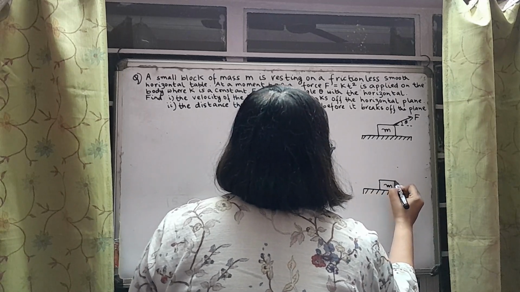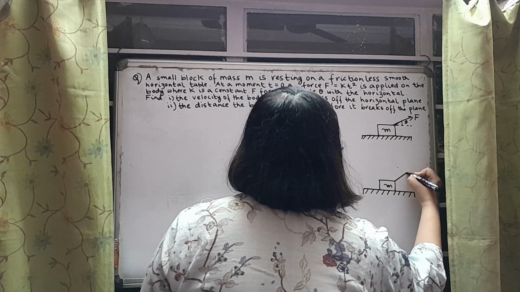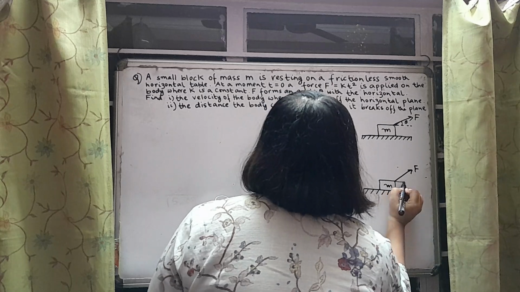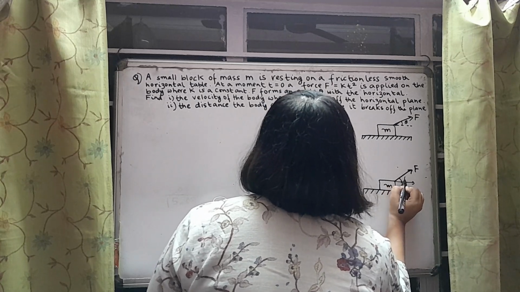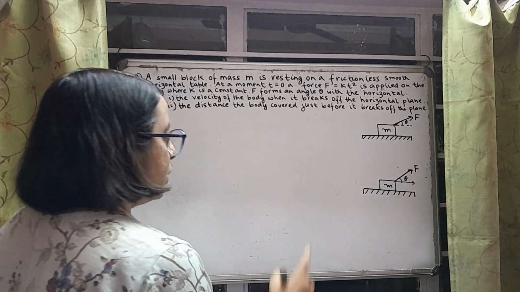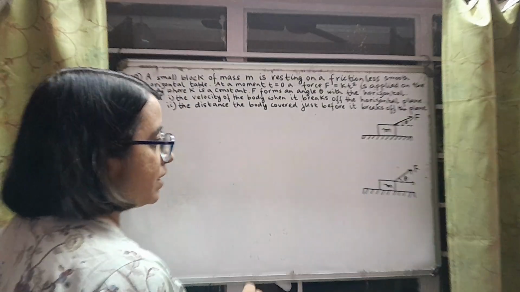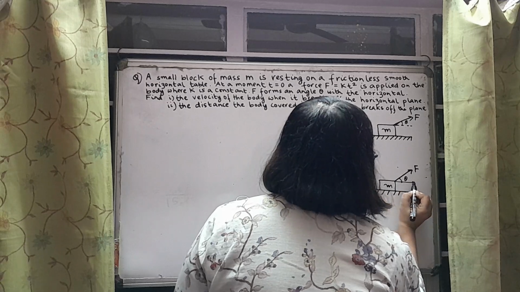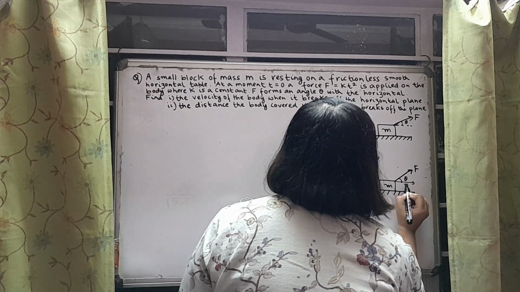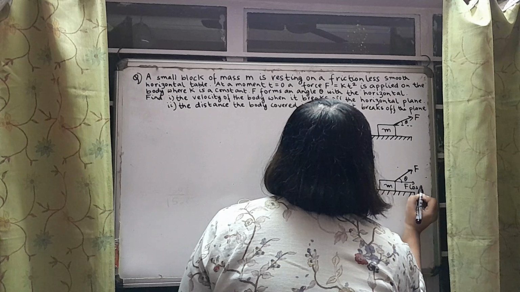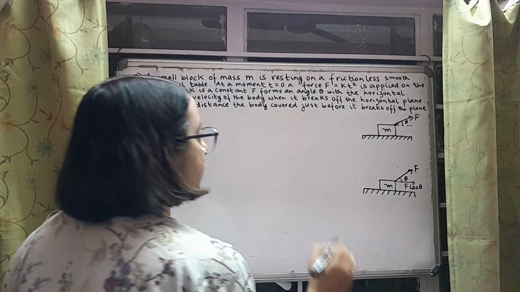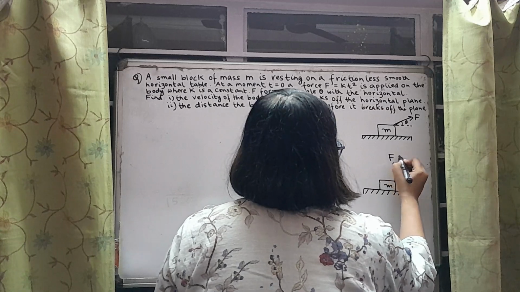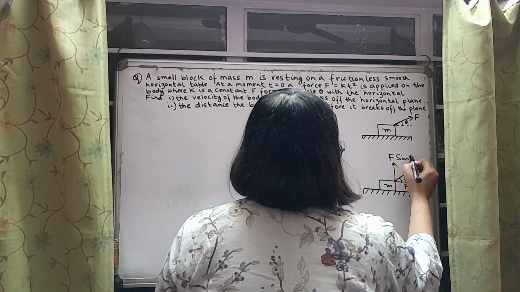Now if a force F acts on it, making an angle theta, then the force can be resolved into two components. One, which is the horizontal component, which is F cos theta, and a vertical component here, which is F sin theta.